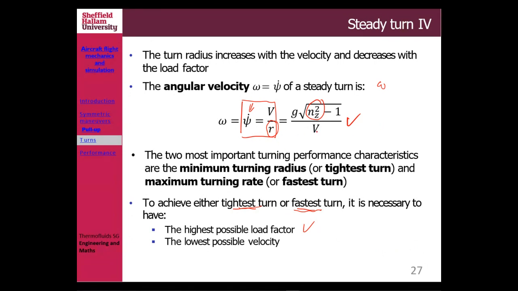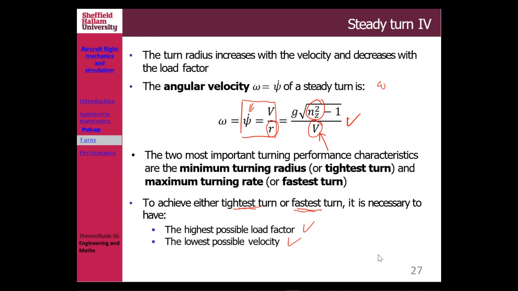Now you can see that this is quite the opposite of the logic that you could do it by slowing down your aircraft, because it says the lowest possible velocity. This is what happens in your commercial passenger aircraft, because you can't increase your n, since you don't want to upset your passengers, right?